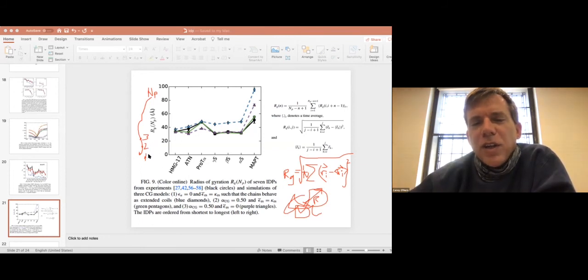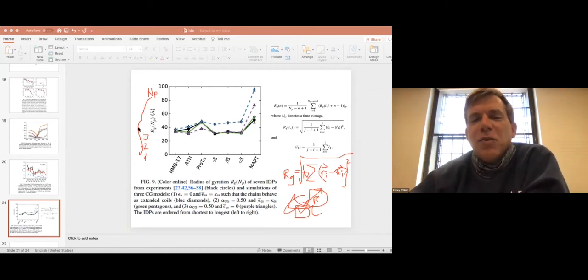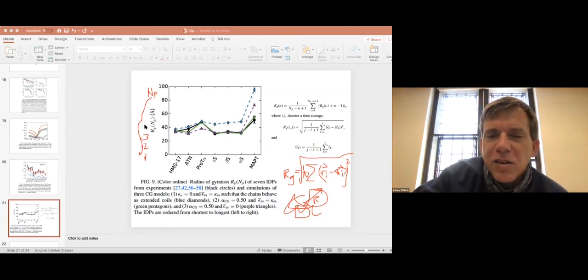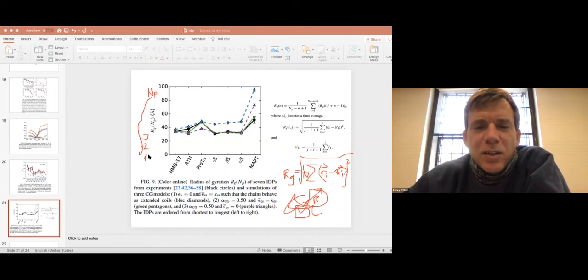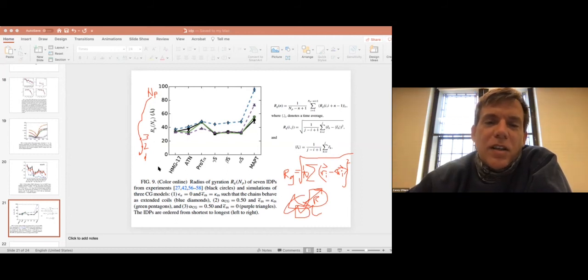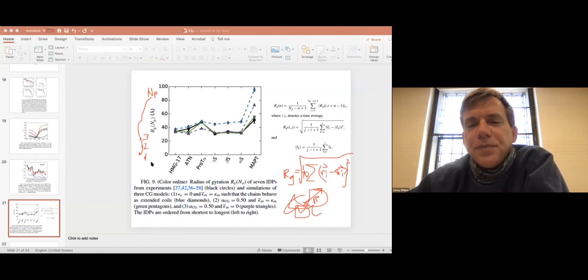So all of the subchains of length 1 are amino acids 1 and 2, amino acids 2 and 3, amino acids 3 and 4, so on and so forth. Subchains with length 2 are subchain 1, 2, and 3, subchain 2, 3, and 4, subchain 3, 4, and 5, so on and so forth. And then you could do subchains of length 3, subchains of length 4. And then there's only one subchain of length NP, which is the original chain.